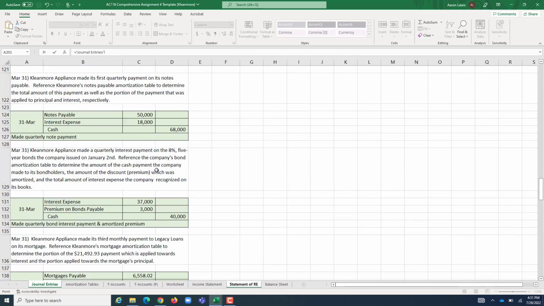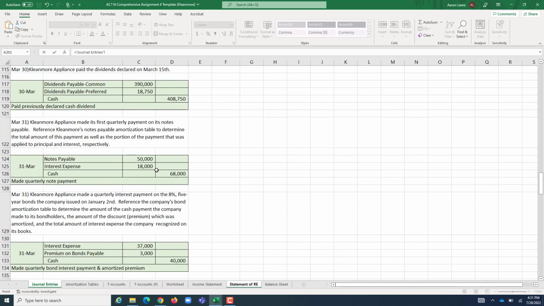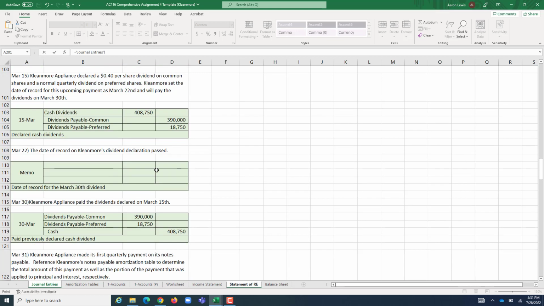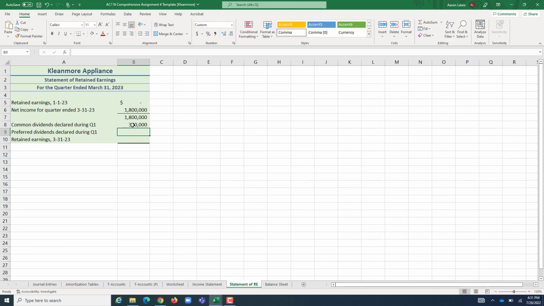And our declared dividends, as we see right here, were $390,000 for common and $18,750 for preferred. So if I go and I bring both of those numbers in to this sheet, and I want to figure out what our ending retained earnings is, well, it's what could have been our no-name subtotal minus what we paid out in dividends.